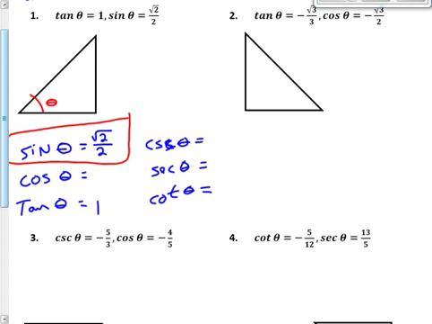That doesn't really tell us a whole lot about what's happening in this triangle as far as what numbers go on here. Where the sine does, the sine is equal to the opposite over the hypotenuse. And so once I name my theta, I have the opposite over the hypotenuse, square root of 2 over 2.